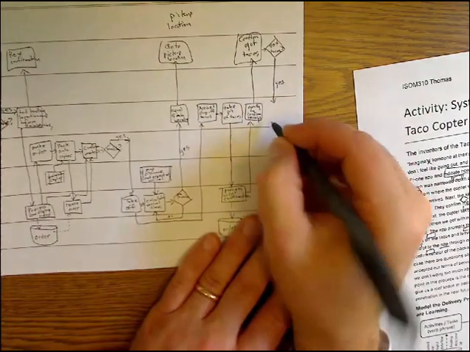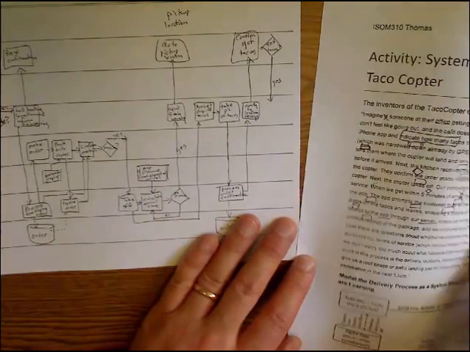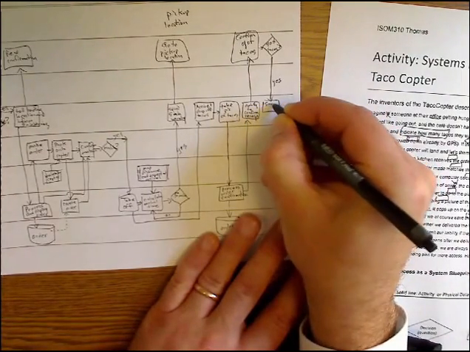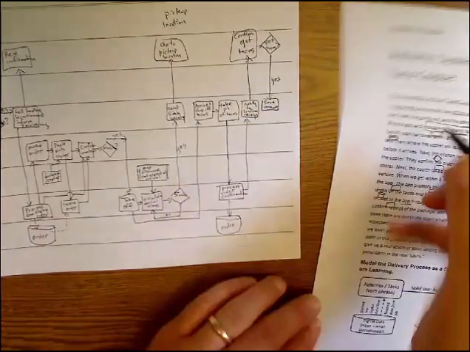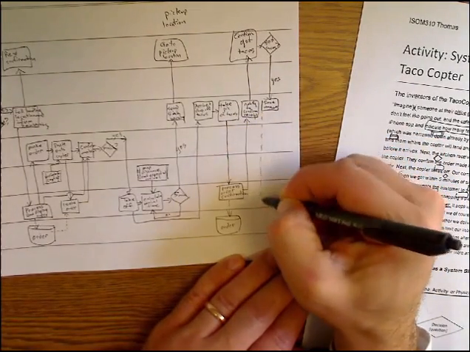Now our helicopter, our drone is not waiting, right? So we're going to have to do something else. I suppose our app is going to save the answer. We don't really know if it does or not.